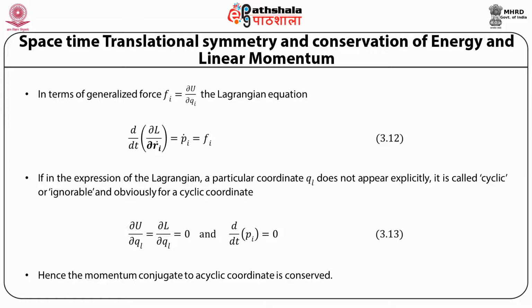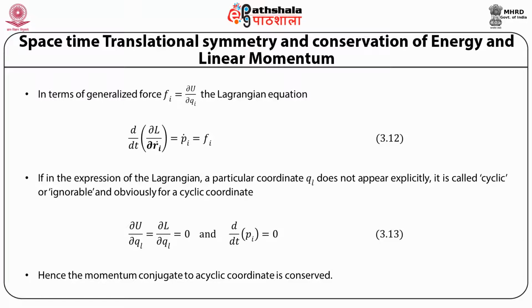And in that case, obviously, since the coordinate does not appear explicitly in the expression for the Lagrangian function as well as in the potential, the partial derivative of L with respect to this cyclic variable is 0, and therefore d/dt of the corresponding momentum is equal to 0. The momentum conjugate to a cyclic coordinate is conserved and is a constant of motion.